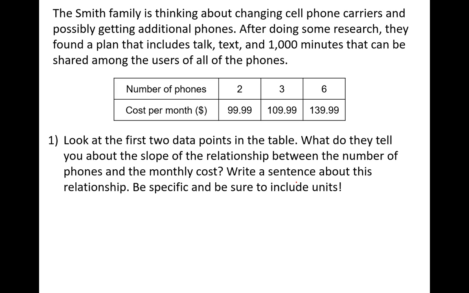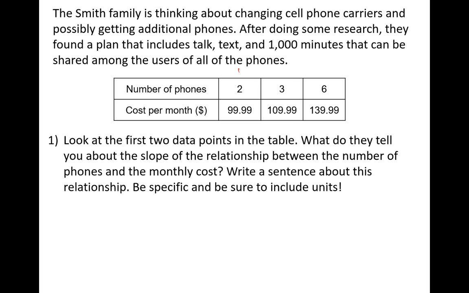After doing some research, they found a plan that includes talk, text, and 1,000 minutes that can be shared among the users of all the phones. It says, look at the first 2 data points in the table. What do they tell you about the slope of the relationship between the number of phones and the monthly cost?